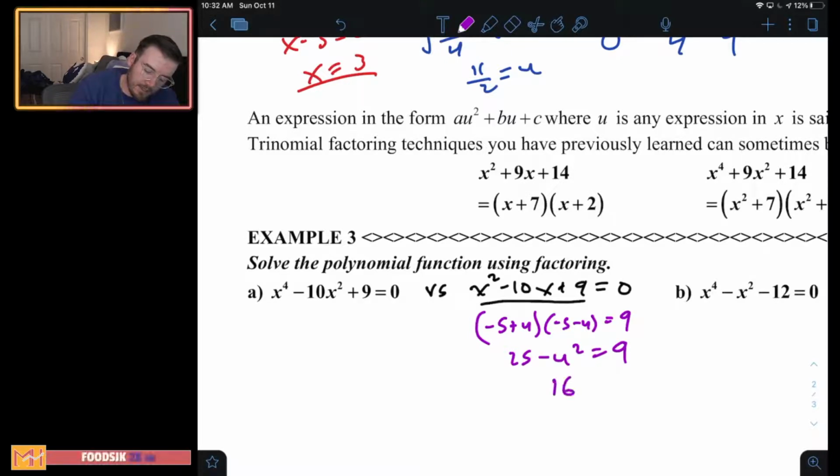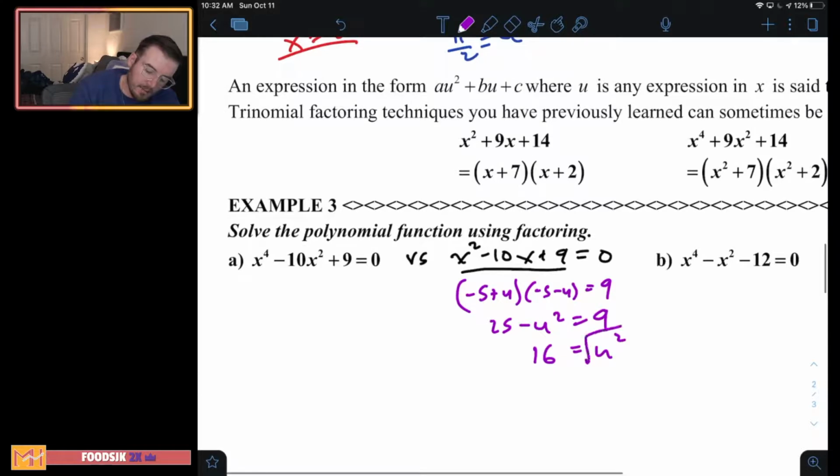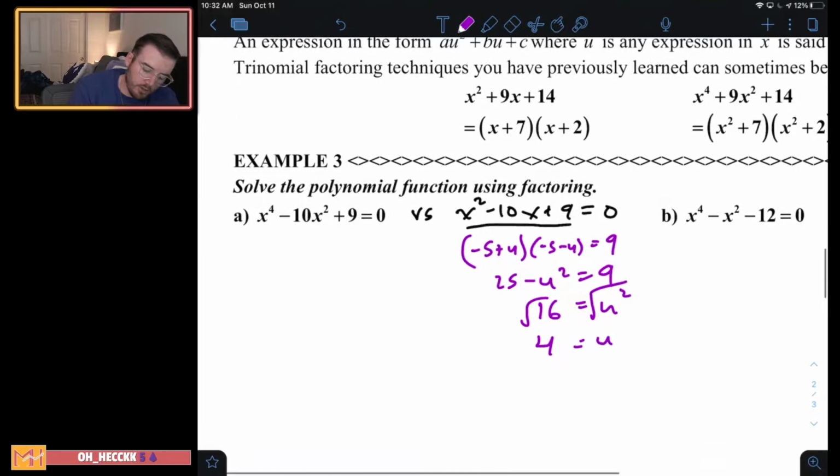Subtract the 9, you get 16. Add the U squared, you get U squared. Take the square root. U equals 4. So my two numbers are negative 5 plus 4, negative 5 minus 4, and I get negative 1 and negative 9.